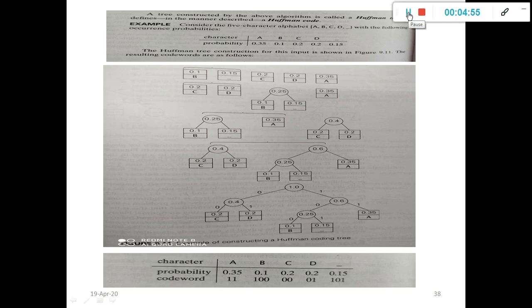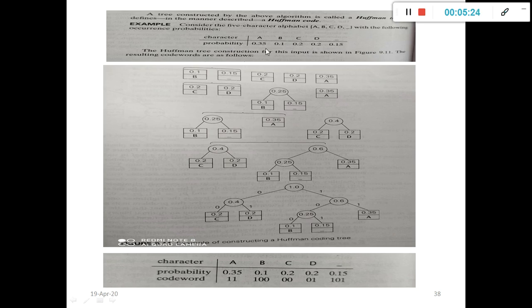Let us discuss one example of how to construct a Huffman coding tree for given characters with their associated occurrence probability or frequency. Let us assume 5 characters are given as A, B, C, D and underscore with their occurrence probability in the message or data that you want to transfer over a network.